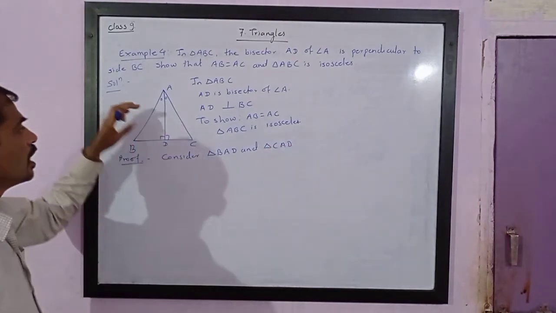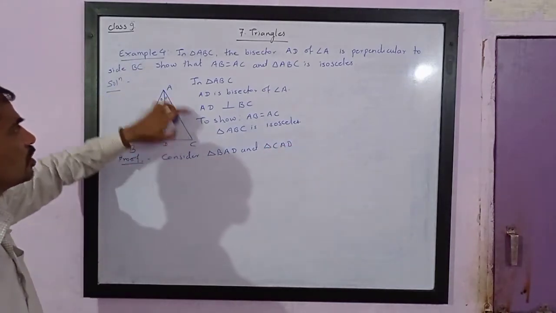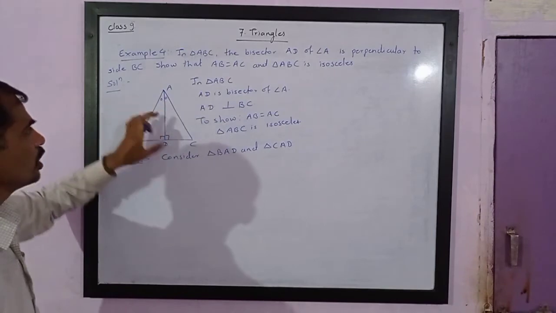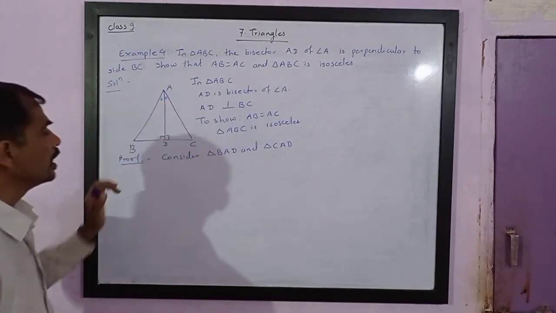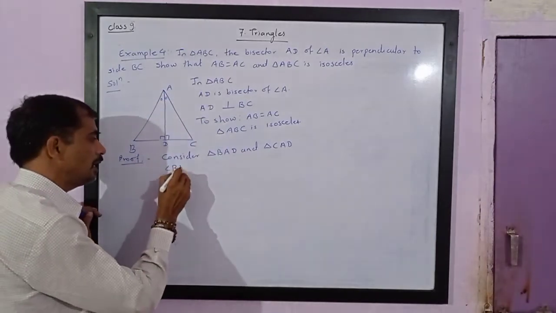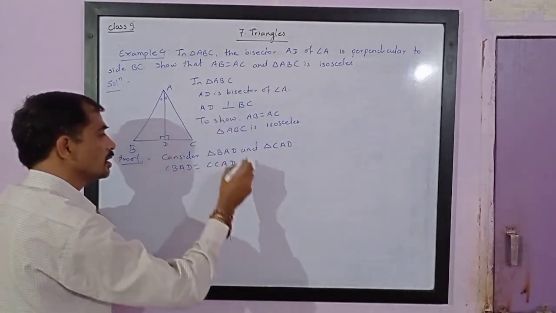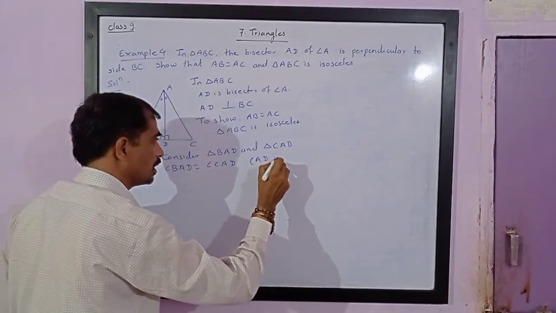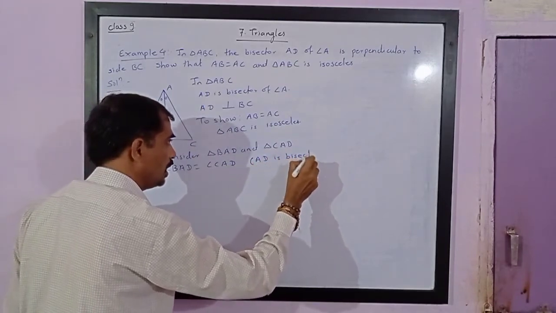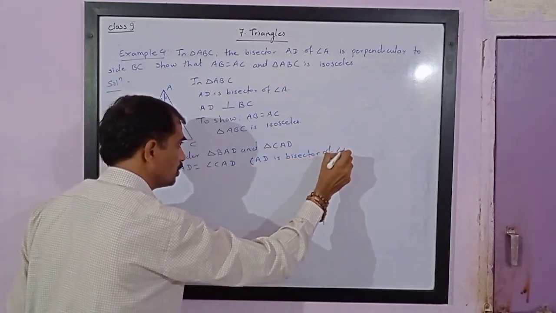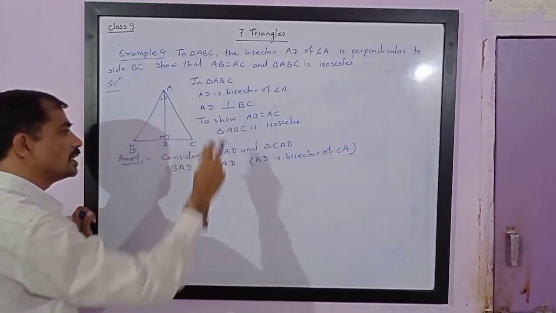In this, angle BAD is congruent to angle CAD because AD is the bisector, so it will make two equal parts of angle A. It means angle BAD is equal to angle CAD. Reason: AD is the bisector of angle A, that is, BAC.